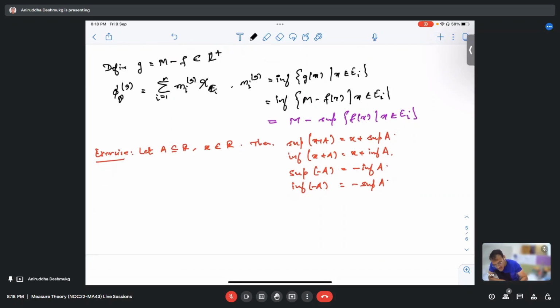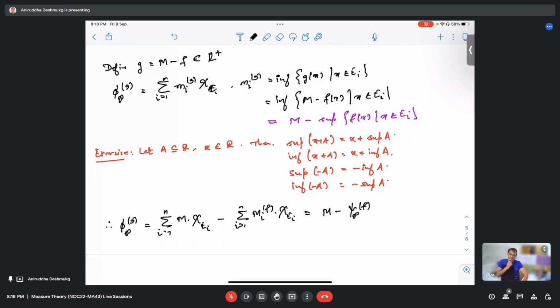Okay. So this small m_i is capital M minus capital M_i f. Therefore, this P g is actually the sum from i equals 1 to n of m times chi of E_i minus the sum from i equals 1 to n of capital M_i f times chi of E_i, which I can write as m minus C_P f, right?